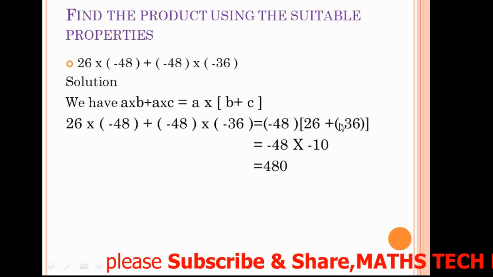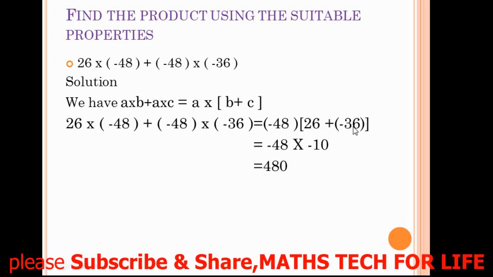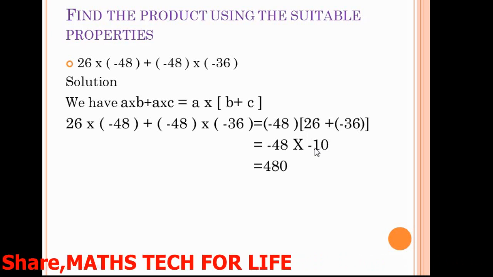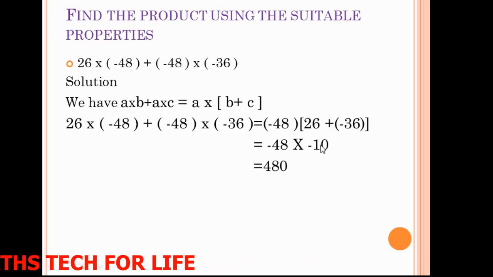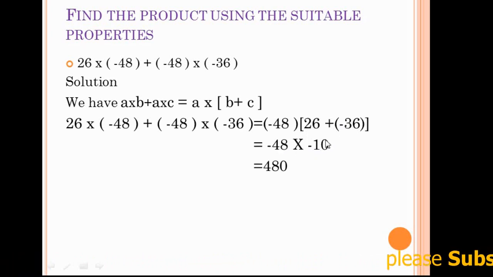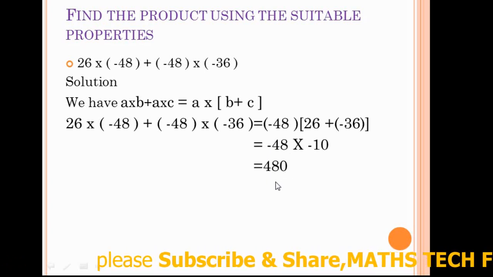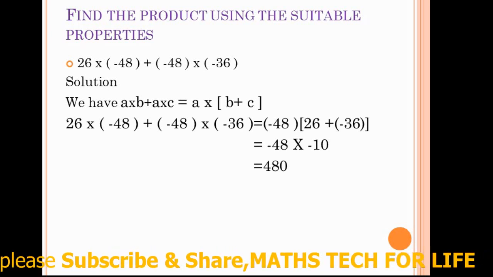So 26 plus negative 36, use the idea of signs: 36 minus 26 is 10. The largest number has a negative sign, so negative 10 is the answer. Here both the numbers are negative, so the product will be positive 480. I think everybody gets a clear idea about this one.